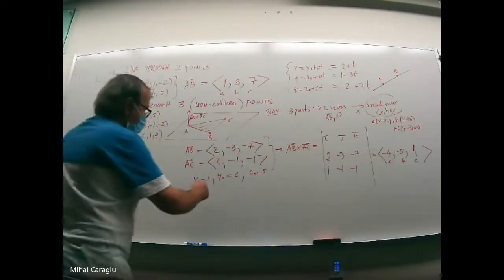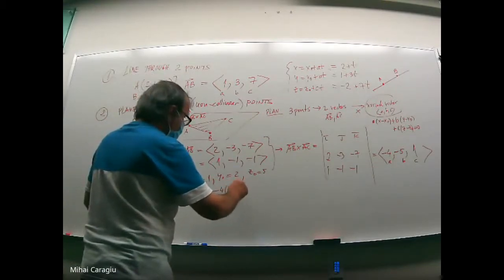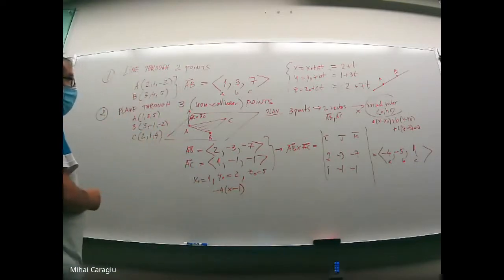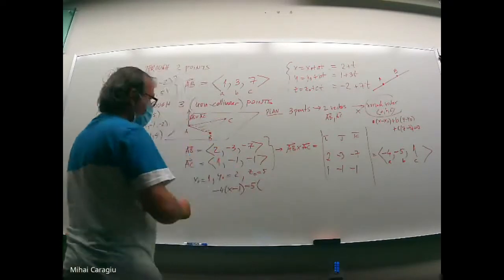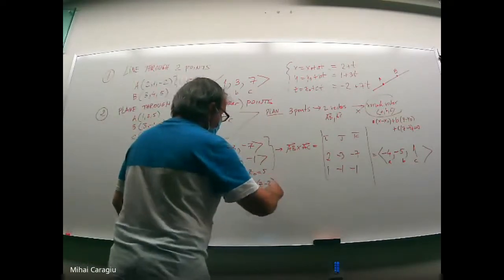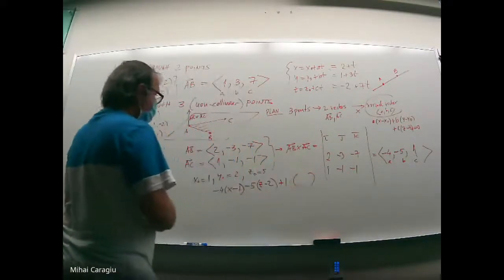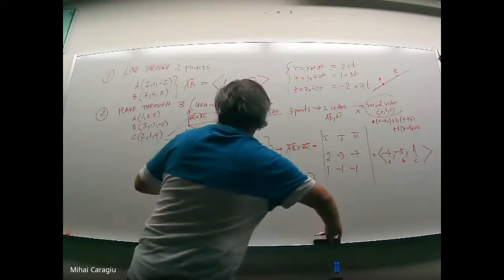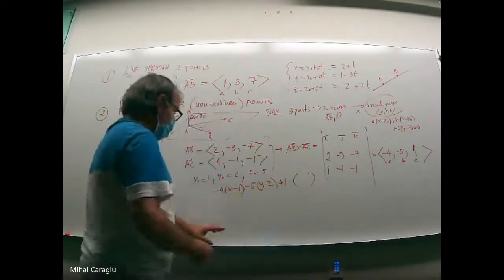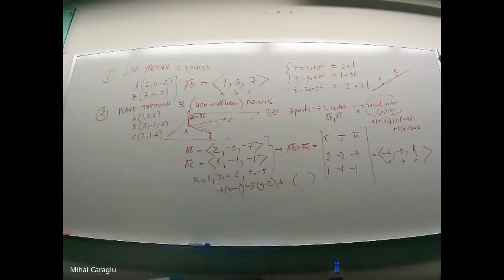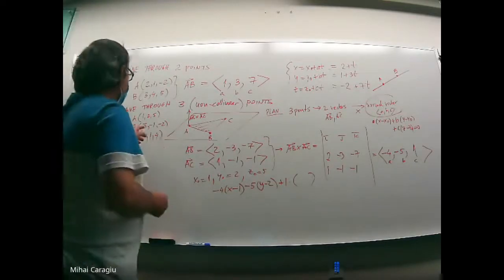So we'll get -4 times (x minus 1), then -5 times (y minus 2), and finally plus 1 times (z minus 5).